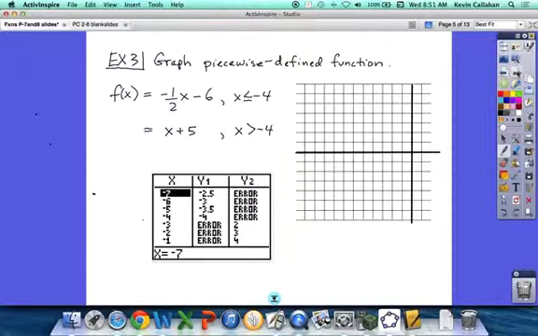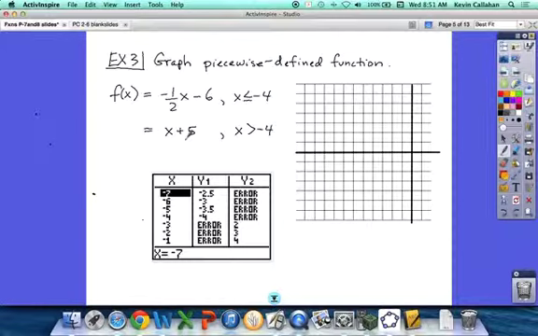But remember, a piecewise function is where you define the function in different ways, depending on what x values you're going to plug in. So in this first one, you're going to use this expression right here when x values are less than or equal to negative 4. You're going to use this expression if the x values are greater than negative 4.